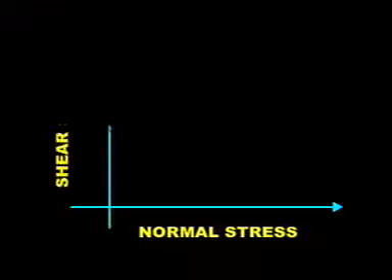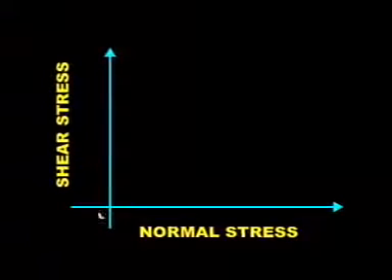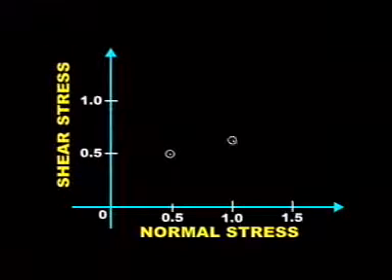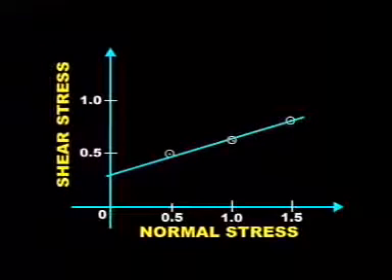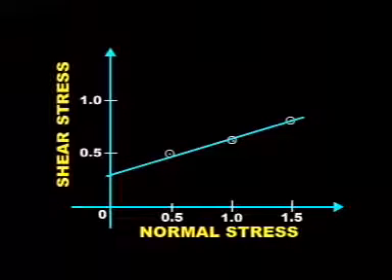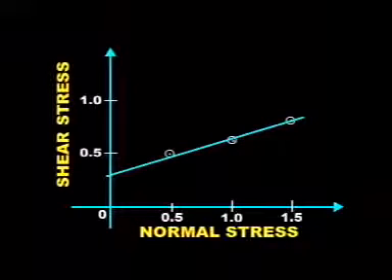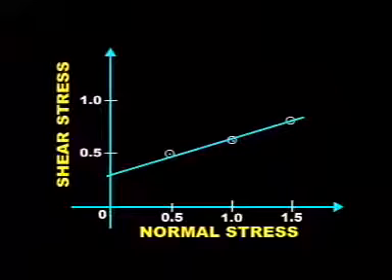Draw a graph by plotting normal stress as the abscissa and the shearing stress as the ordinates corresponding to failure states. Join the points corresponding to the state of failure by a line. This line gives the Mohr envelope for the soil.